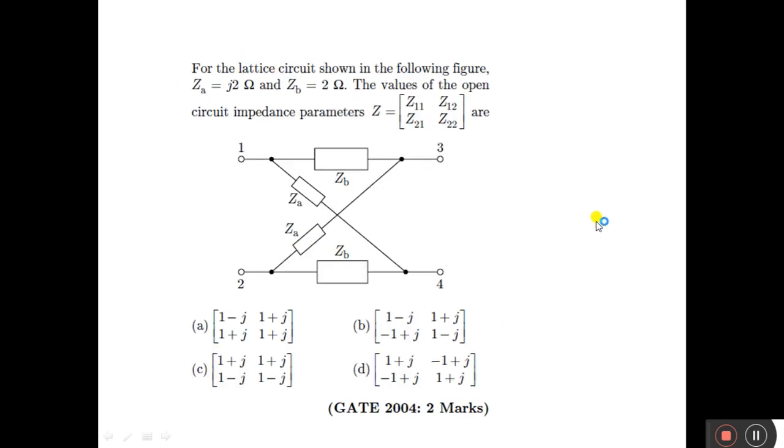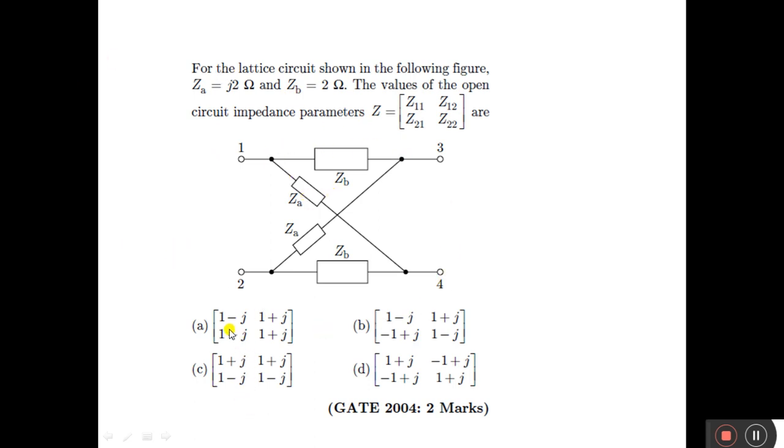And the next question. This one was asked in GATE 2004. For the lattice circuit shown in the following figure, ZA equals J2 ohm, ZB equals 2 ohm. The values of the open circuit impedance parameters Z equal to Z11, Z12, Z21, Z22 are: circuit given.